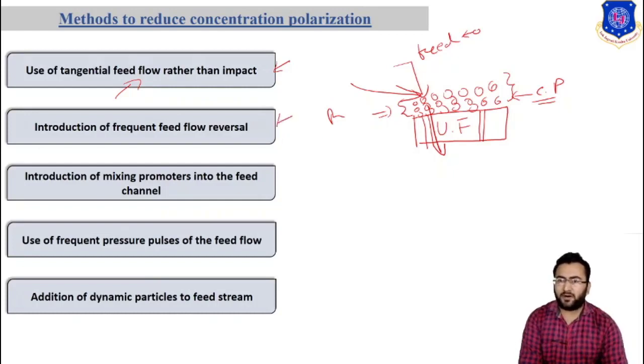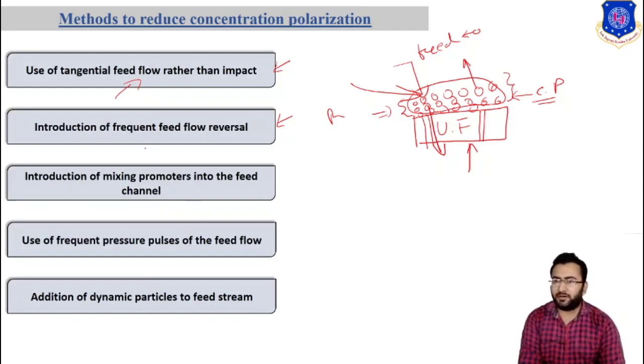Then the second method to reduce concentration polarization is the introduction of frequent feed flow reversal. If we apply reverse flow to the ultrafiltration membrane, these molecules will be run off from the surface of the ultrafiltration membrane, and we will get a clean membrane. So this is how reverse flow works in ultrafiltration.